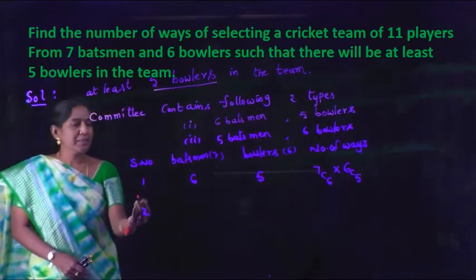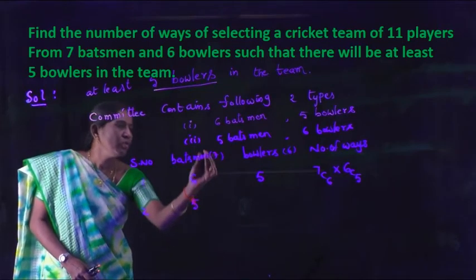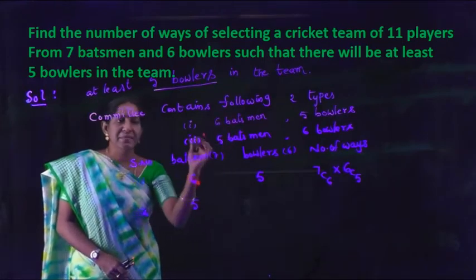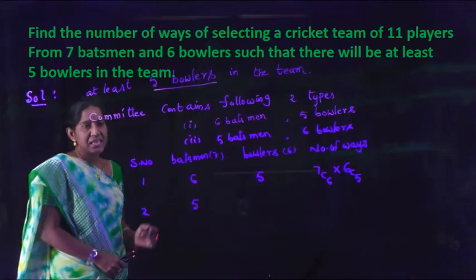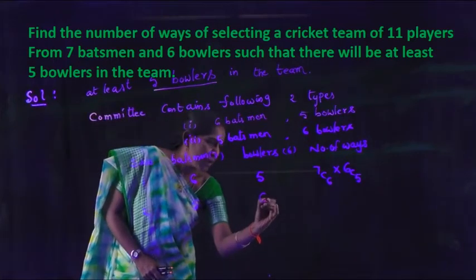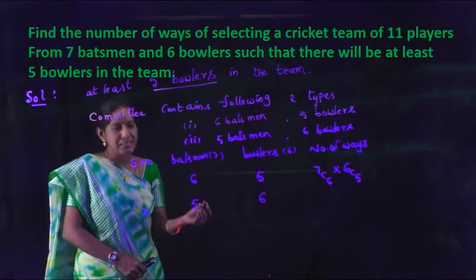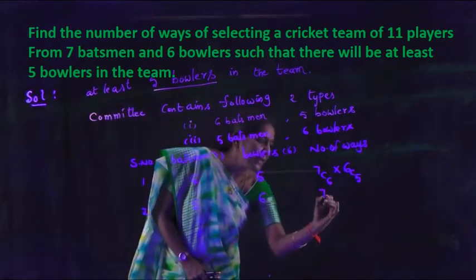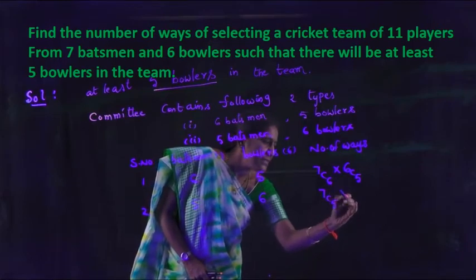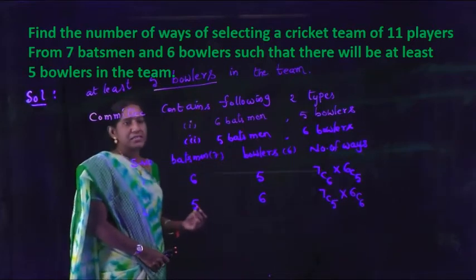And the second type is select 5 batsmen out of 7 batsmen in 7C5 ways and select 6 bowlers out of 6 bowlers in 6C6 ways. So this can be done in 7C5 into 6C6 ways.